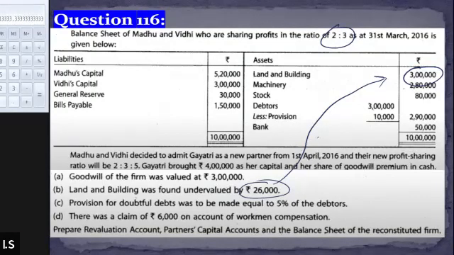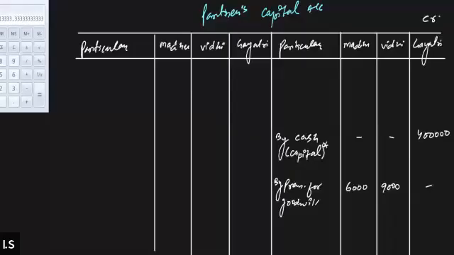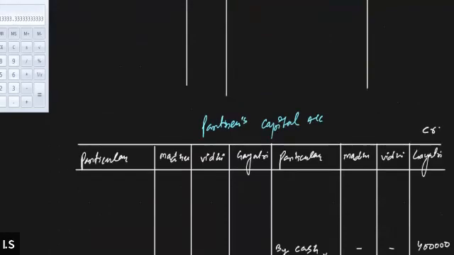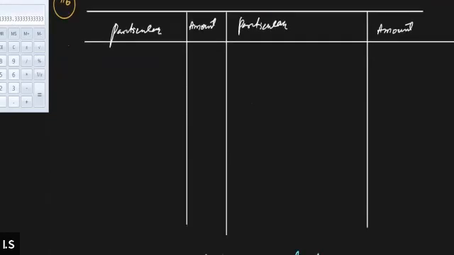So that means there is an increase in the value of the building, right? In the market we have an increase in the value of the land and building, but it is still being recorded at 3 lakh only in the balance sheet. So that basically means the land and building is increasing by 26,000. Is that correct, everyone? So we'll go to the revaluation account. The revaluation account says the value of the land and building is increasing.